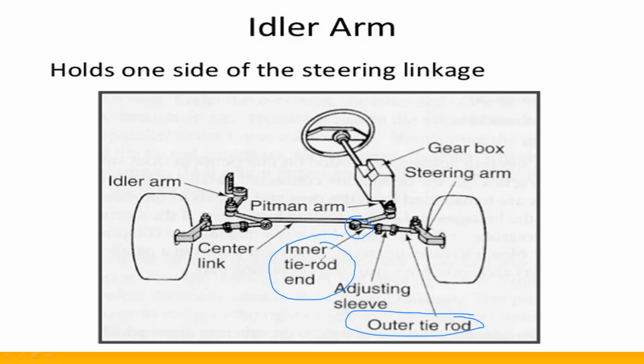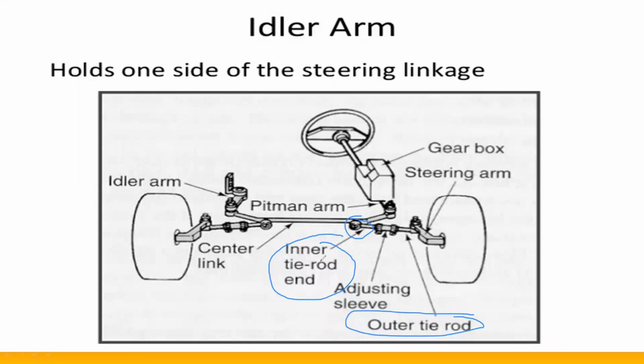These tie rods connect with the pitman arm. For the motion conversion, the steering gearbox converts the rotary motion to angular motion by using that pitman arm. So with that pitman arm, we are using one linkage, that is the tie rod linkage.